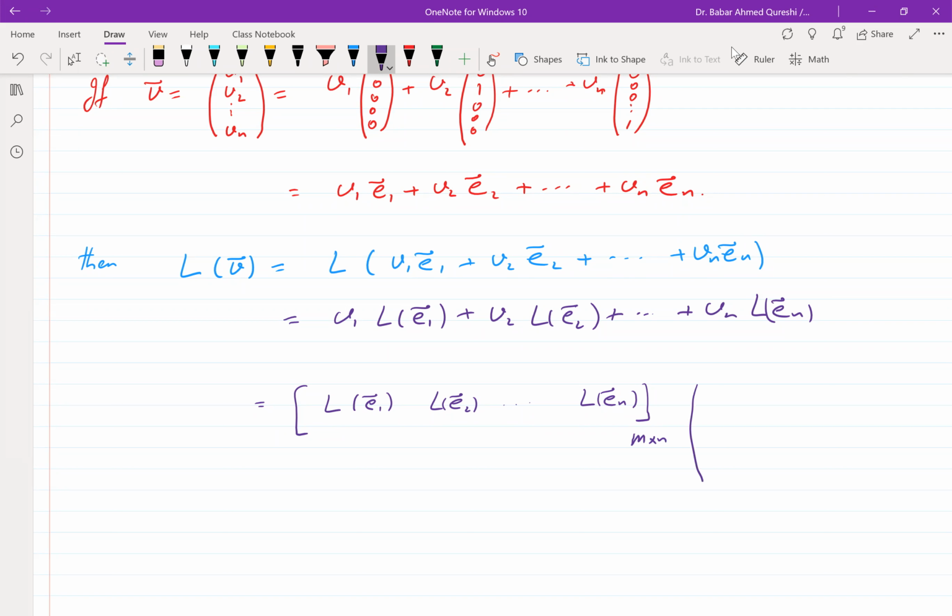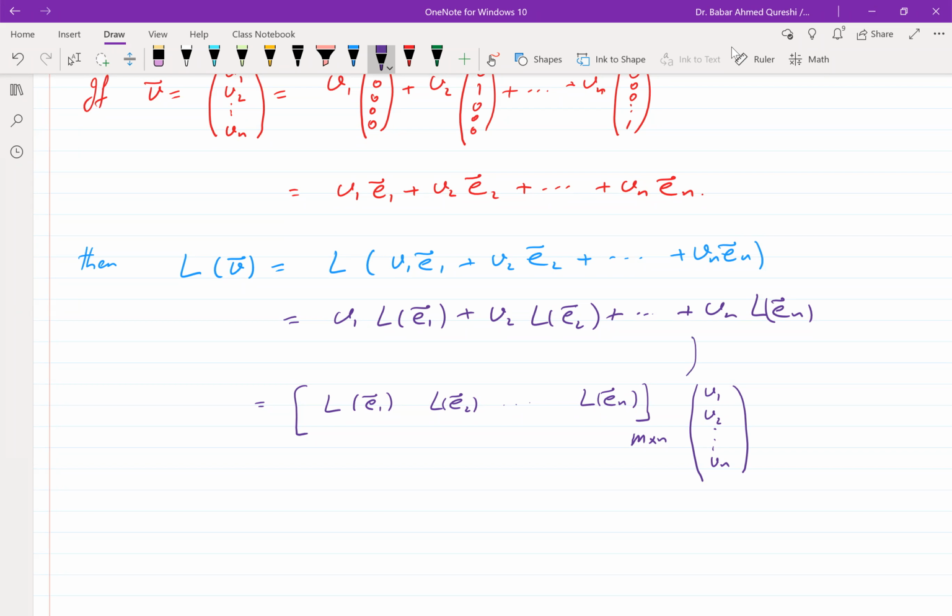And you are multiplying it with V1, V2, Vn. Because we know that one way to multiply the matrix with a vector is to make the linear combination of the columns of the matrix with the components of the column with which you are multiplying it.